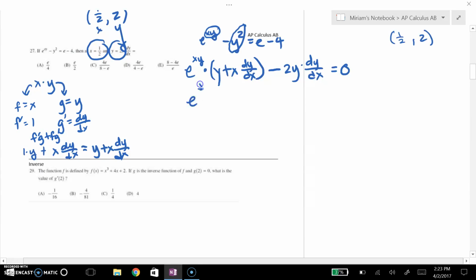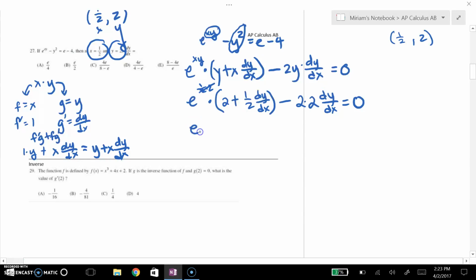So e to the 1/2 times 2, times 2 plus 1/2 dy over dx, minus 2 times 2 dy over dx equals 0. Okay, so 1/2 times 2 will be just 1, so I'm left with e.